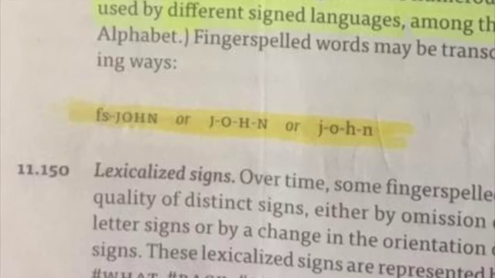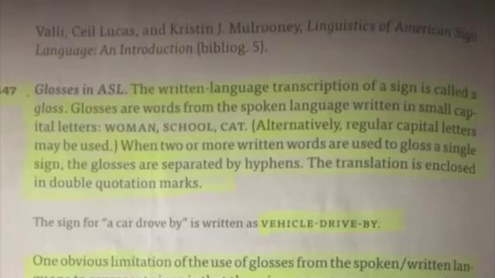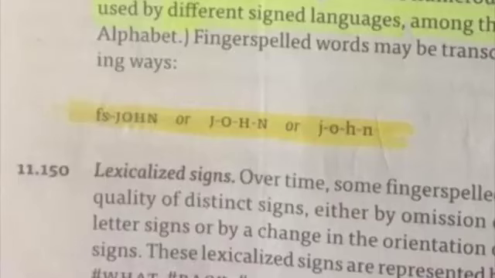Remember, as it said here, the written language transcription of a sign is called a gloss. Now, this finger spelling here, JOHN, is a gloss because it's not English. It's sign. The other interpretations are the capital letter word JOHN with all the hyphens in between the letters, or the lowercase version, J-O-H-N, with all the hyphens in between. My question to everybody is, where's the English version of John there?